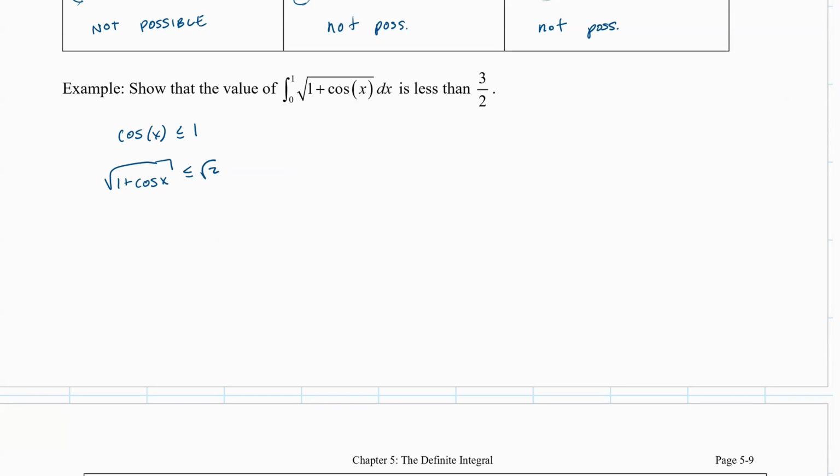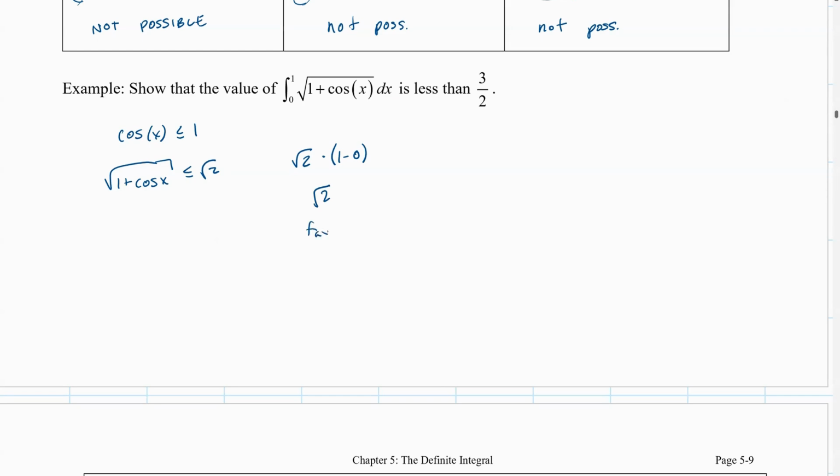All right? So what does that mean? Pi over 2 could be thought of as a replacement for f max. The width of our interval is 1. This is pi over 2.